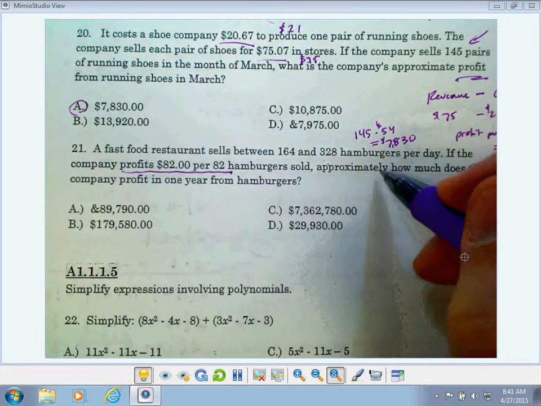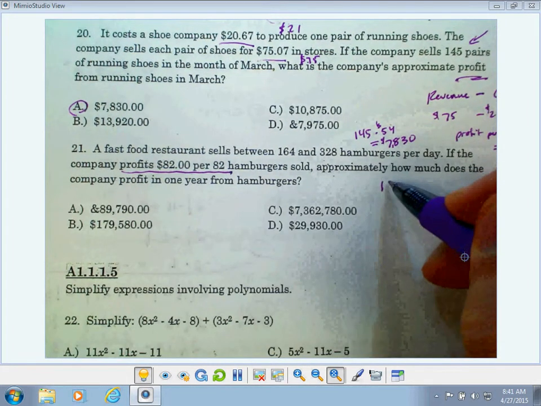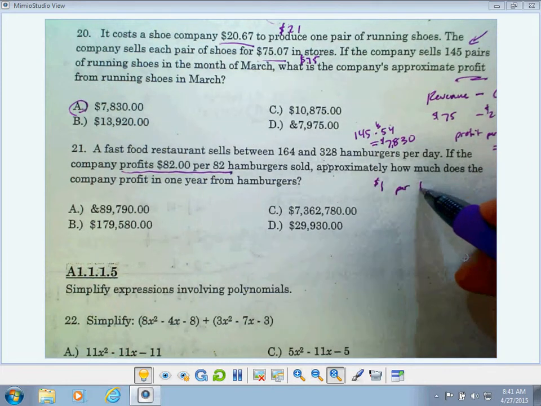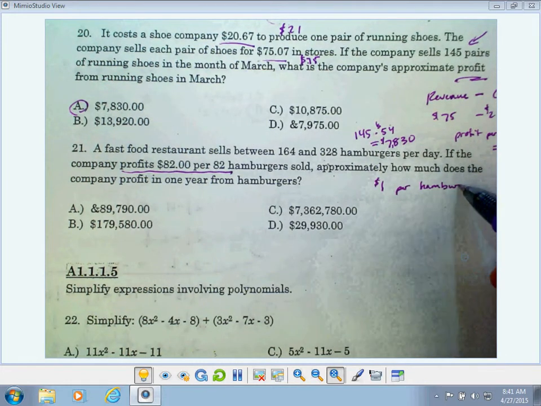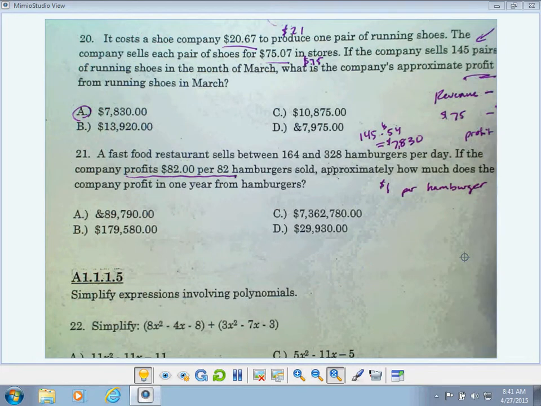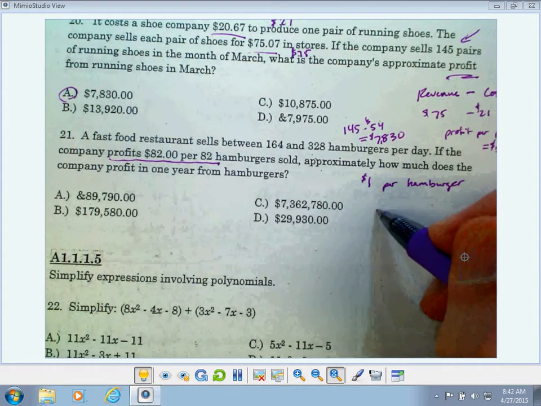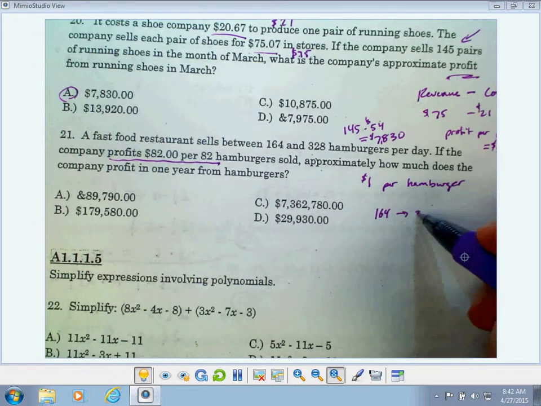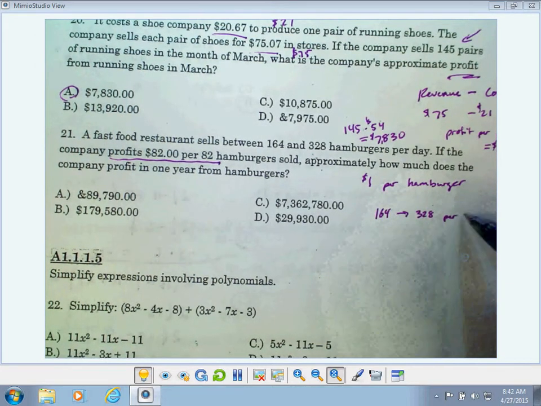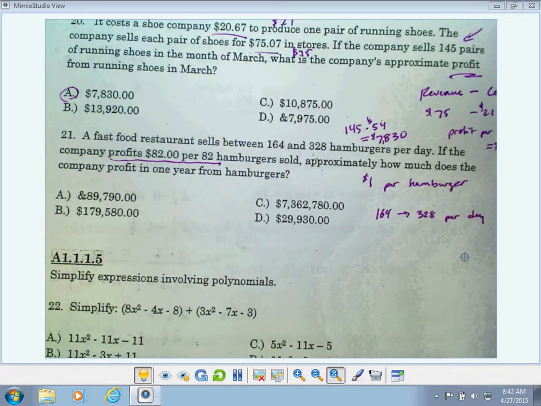To me, that means $1 per hamburger. And I also see 164 to 328 per day. Okay, so then let's look at the low number and we'll look at the high number.